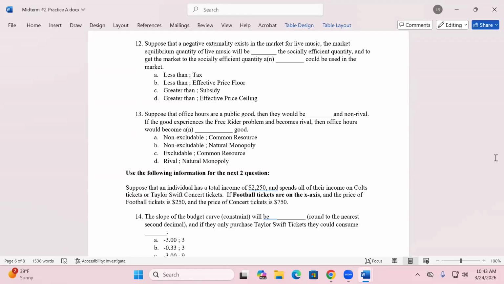Subsidies are a good thing. They give you an additional benefit. That's going to increase producer and consumer surplus, right? So there we wouldn't think about who's bearing the burden of the tax. We're thinking about who's actually receiving more of the benefit of the subsidy. But I didn't give you any questions like that. We'll just focus on bearing the burden of a tax as opposed to enjoying the benefit of the subsidy.